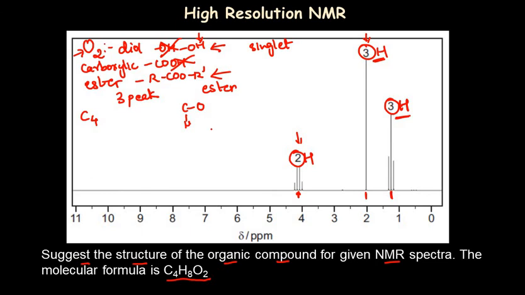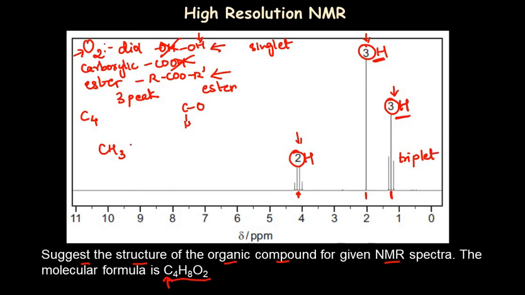Now the ester has 4 carbon atoms. What is the possibility of these 4 carbon atoms having an ester group? Let's study the first peak. It says a CH3 group is present and its splitting is a triplet.